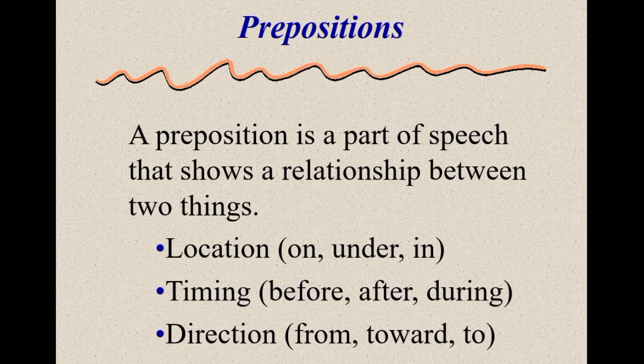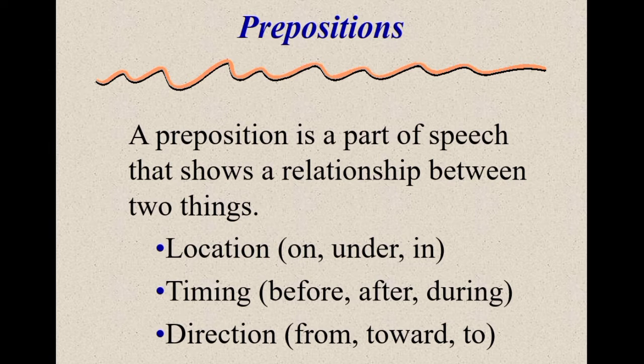So there are mainly three kinds of prepositions. The first is location, it shows locations; then timing; and direction.